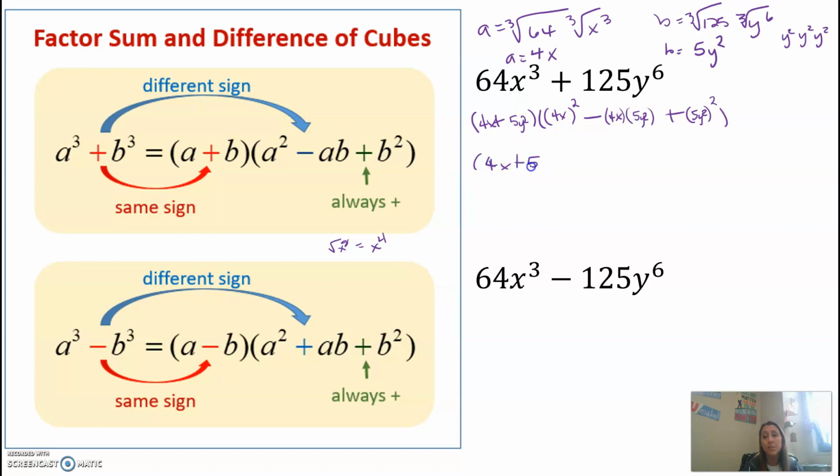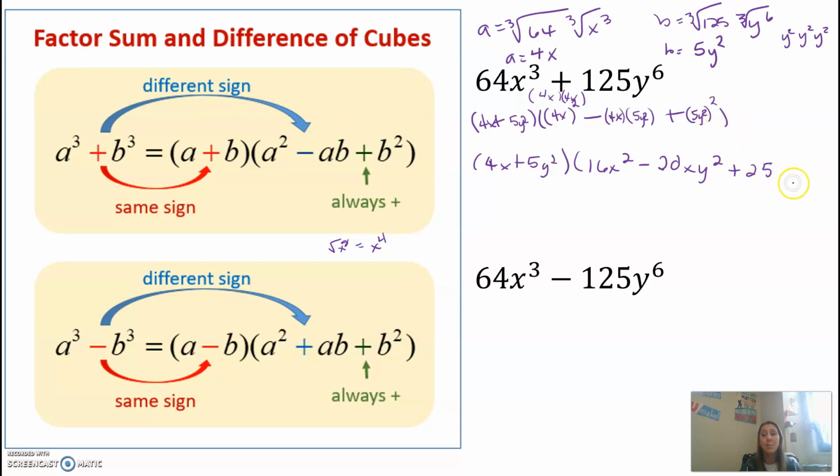So then I end up with 4x plus 5y squared. Now, 4x squared is really 4x times 4x, so 4x times 4x is 16x squared. Be careful that you got 16x squared. 4x times 5y squared is 20xy squared, and then 5y squared squared, so 5 squared is 25.